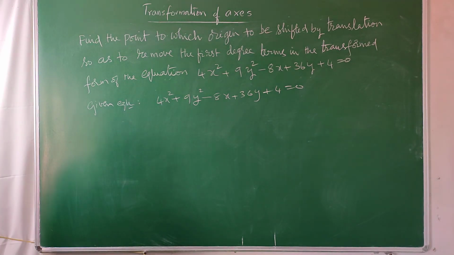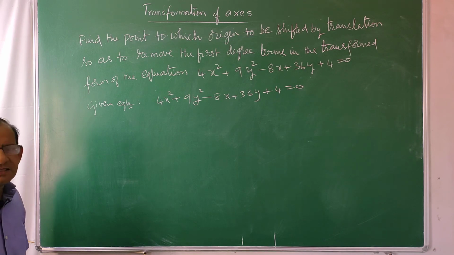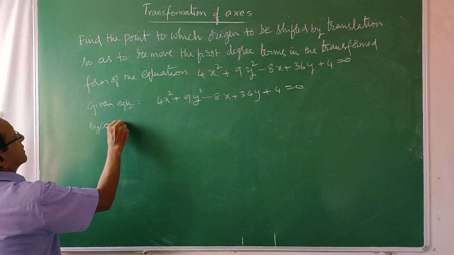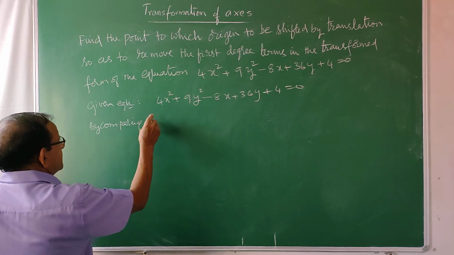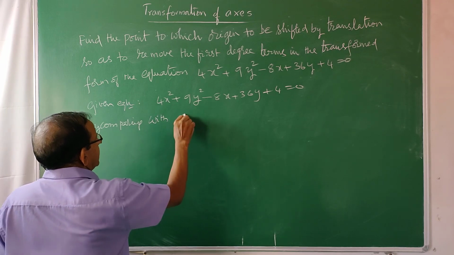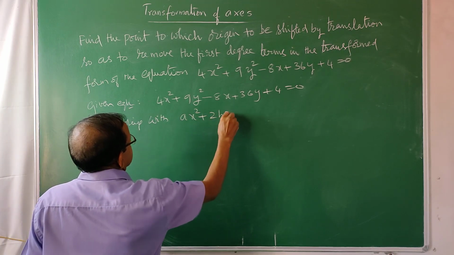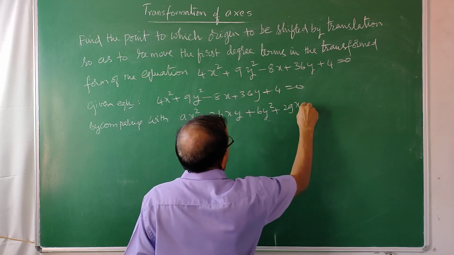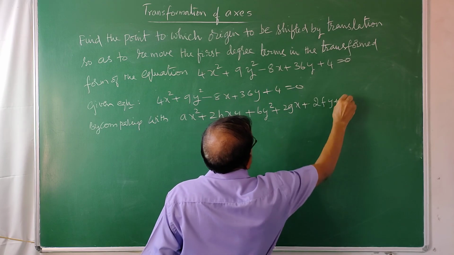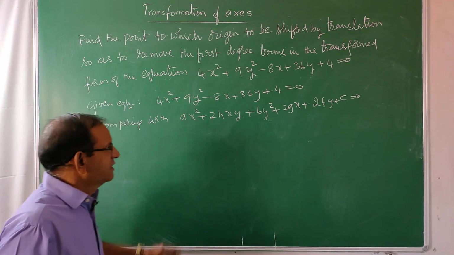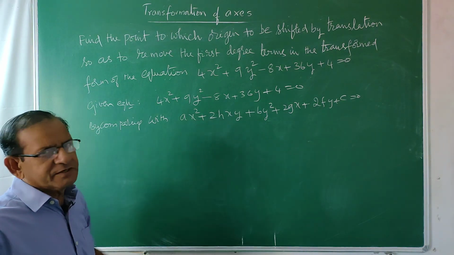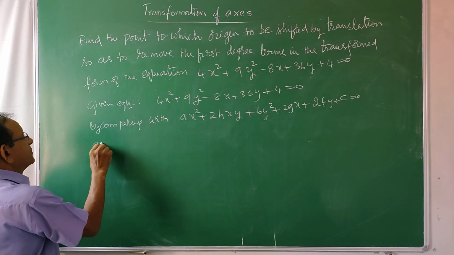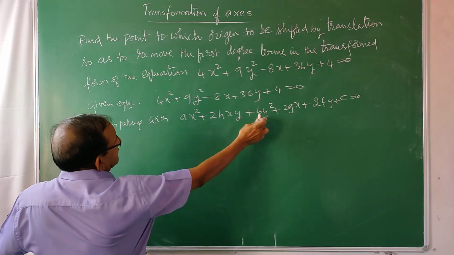Now let us compare this equation with the general second degree equation ax square plus 2hxy plus by square plus 2gx plus 2fy plus c is equal to 0. Now let us compare coefficient of x square, coefficient of y square, etc. Here x square coefficient is 4, here it is a. So a is equal to 4. Y square coefficient, b y square, 9y square.